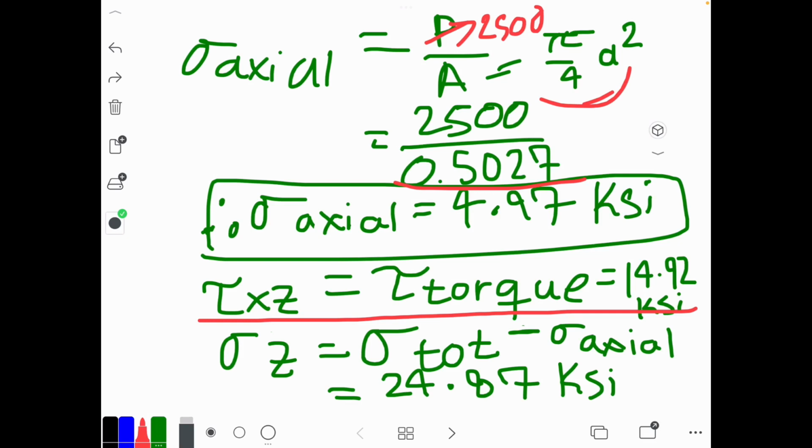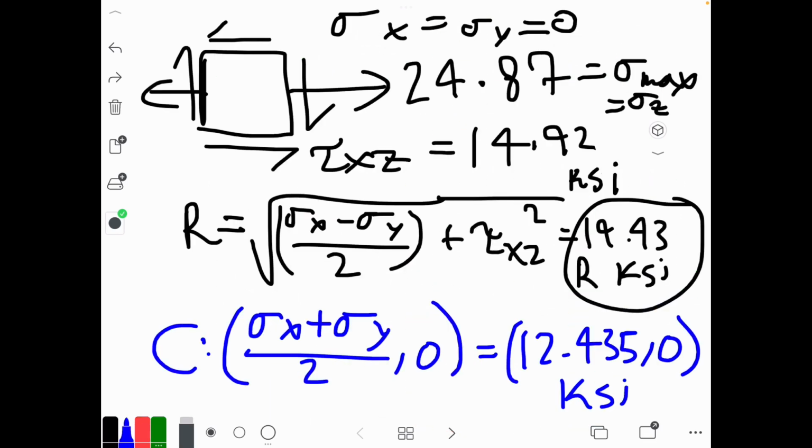We're going to subtract these two together. Remember we had a 29 something for our total stress. And now we have 4.97. 29 minus 4.97 will give you somewhere around 24.87 ksi.